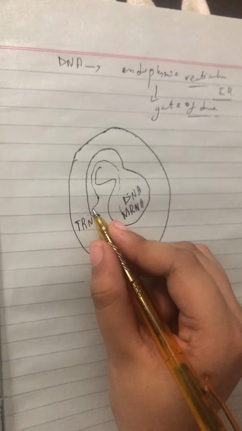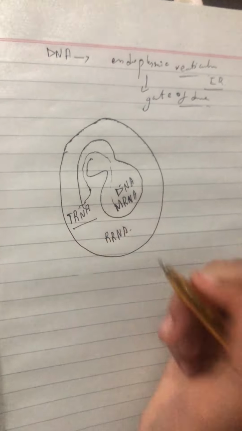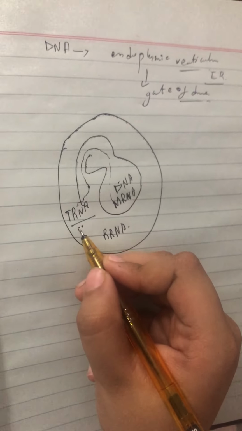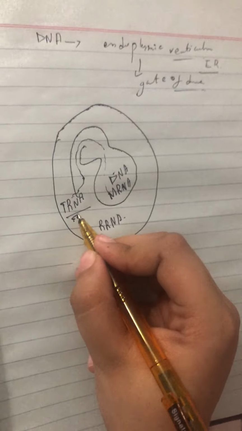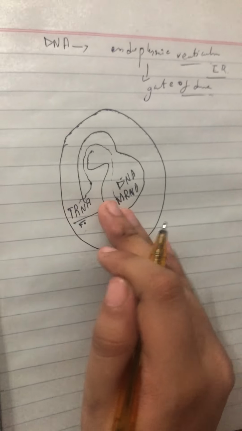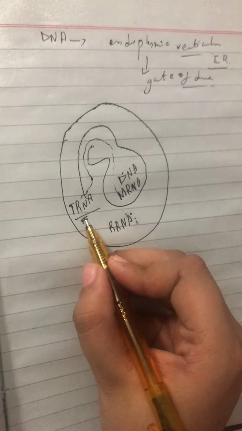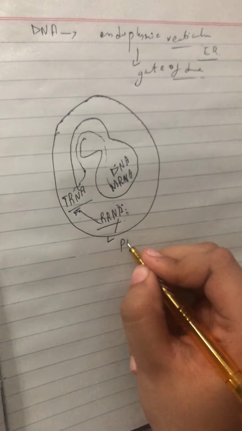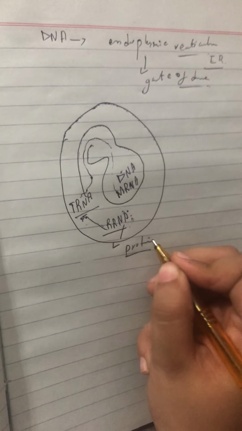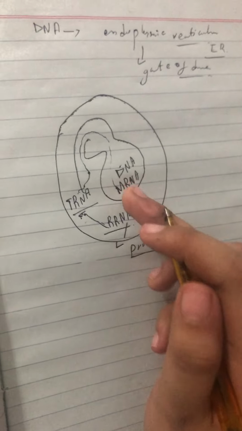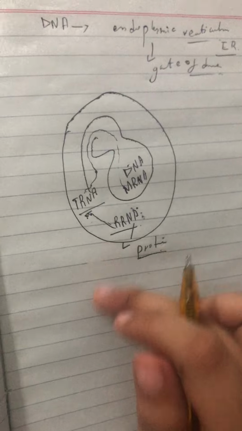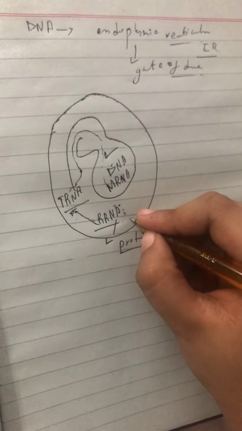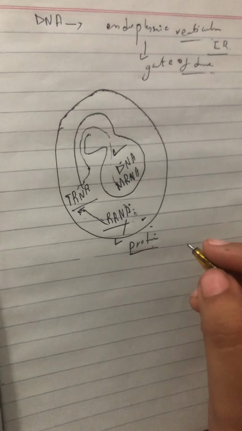Then messenger RNA will provide that information to the tRNA. Then tRNA, that is known as transfer RNA, will translate that information and provide it to the rRNA. Now rRNA will make the protein that DNA has instructed, and that protein will be made by the rRNA.